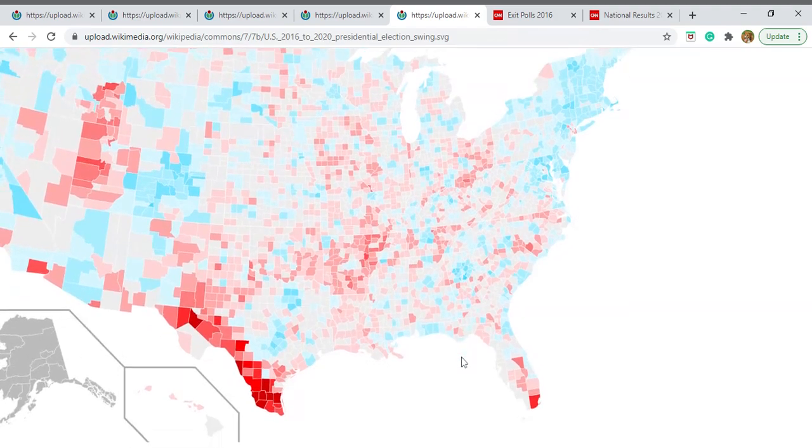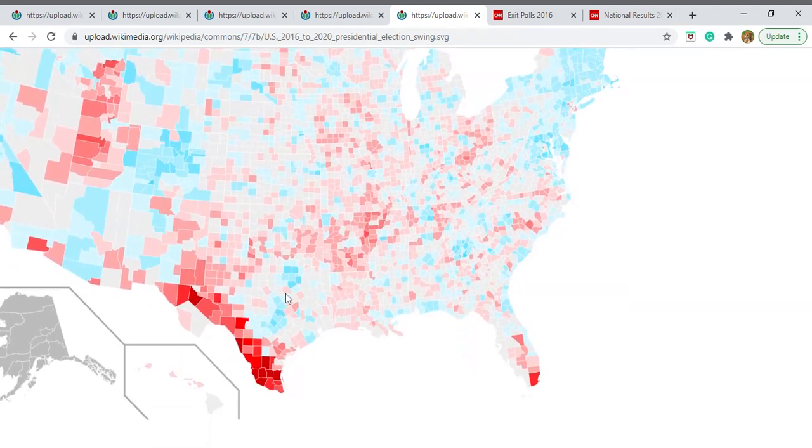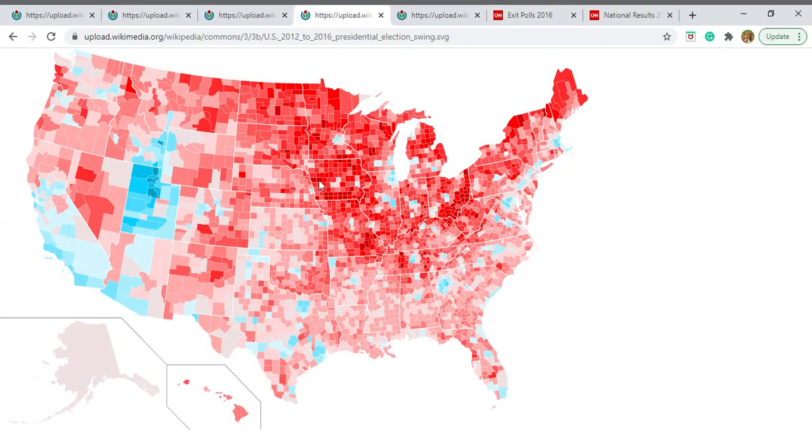Now, Donald Trump won Texas in 2016 by 9 points. Now, in 2016, most of the states moved to the right, but a few states did move to the left.